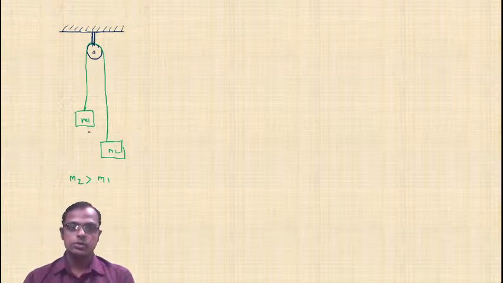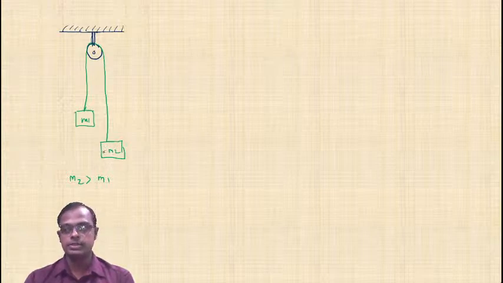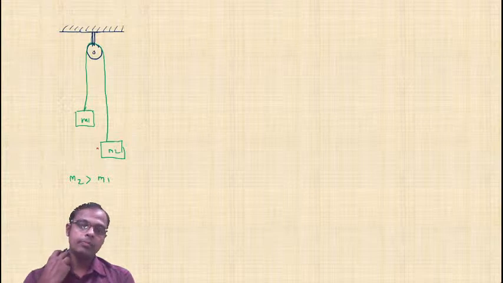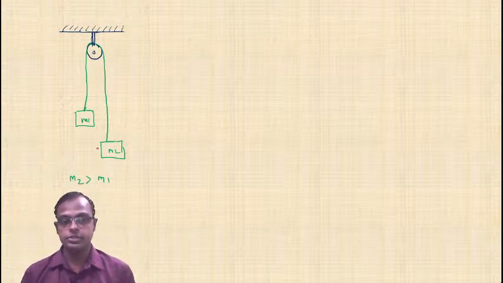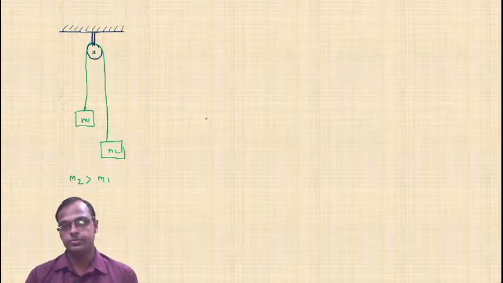Okay. So now let's think about what all forces are acting on M2 as well as M1. Instead of moving, we can say here there is an external force acting, that is a resultant force is acting, therefore it will accelerate. So the force acting on M2, let me draw here.